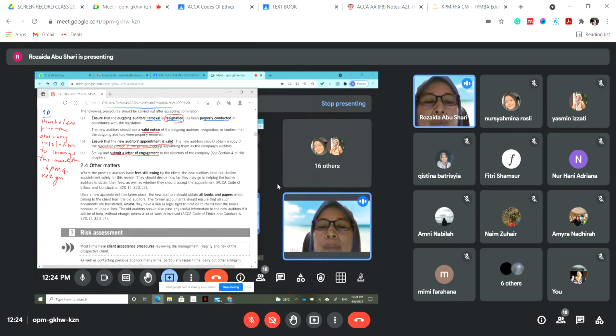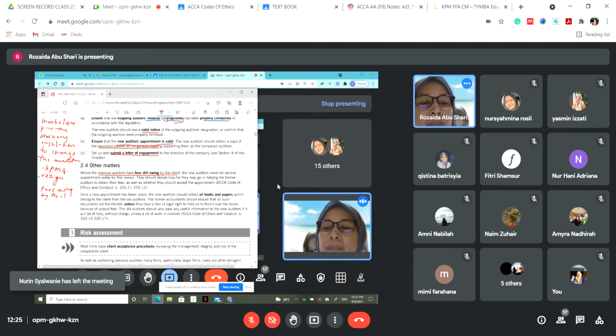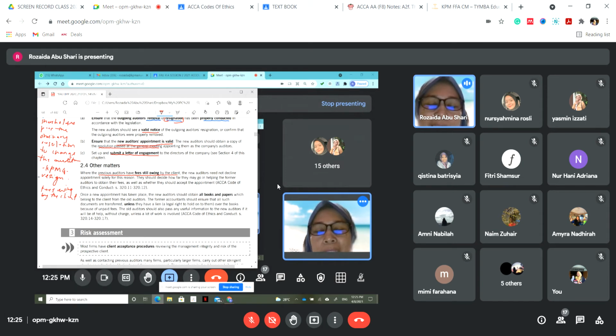And then other matters you should look into when you are accepting the appointment. You have to look at whether the previous auditor has fees still owing by the client. The new auditor need not decline appointment solely for this reason. So if there are audit fees still owing by the client, you should not take this as the reason to reject the appointment.